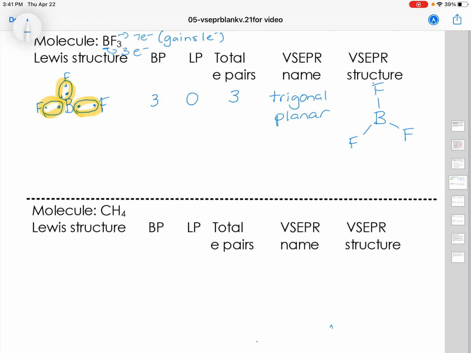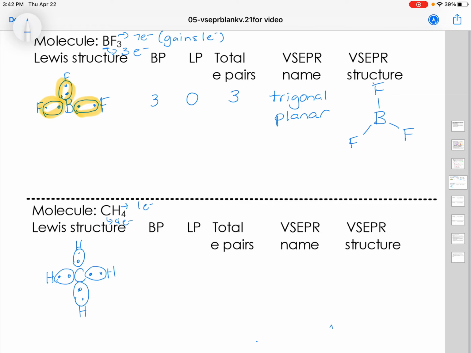So let's do another one. We're going to do CH4. Carbon has 4 valence electrons. Hydrogen has 1. So I'm going to quickly sketch what that looks like. Again, I only care about the bond pairs and lone pairs around the carbon.